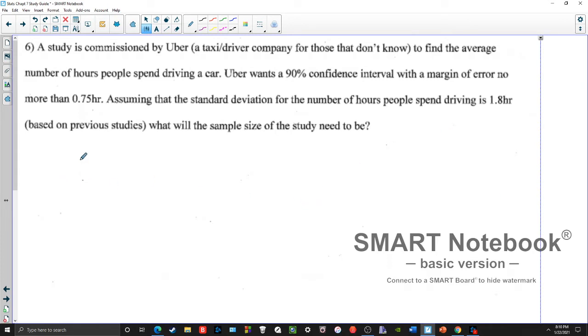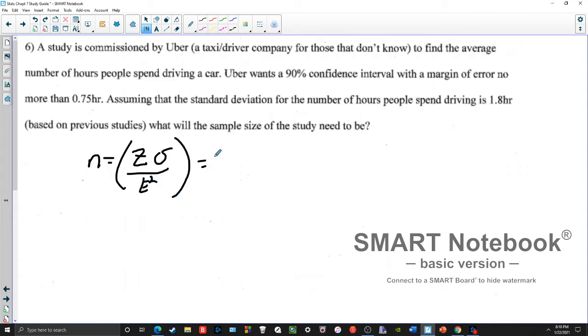So there's a formula for this for population average. n is equal to your z-score, or your t-score, times your sigma over your E, squared. In this case, if it's 90% confident, my z-score would be 1.64, because that's what's given for a 90% confidence.